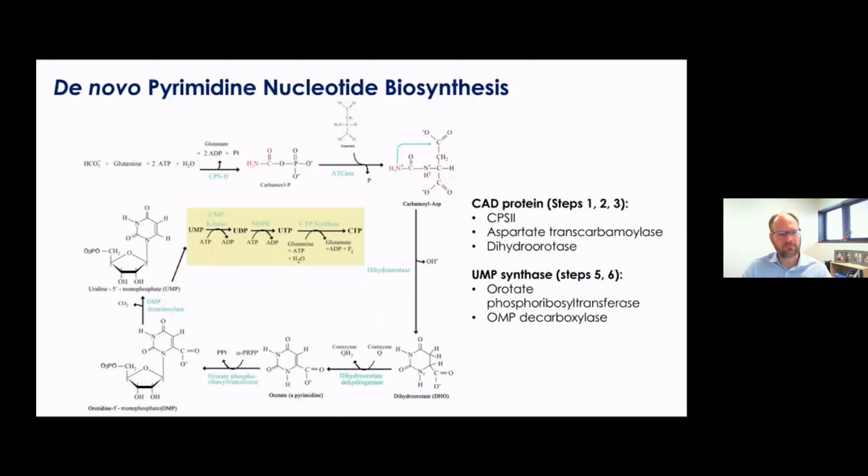The de novo pyrimidine biosynthesis pathway goes like this. You take bicarbonate, and you take an amine from the side chain of a glutamine, and 2 ATPs to make carbonyl phosphate.